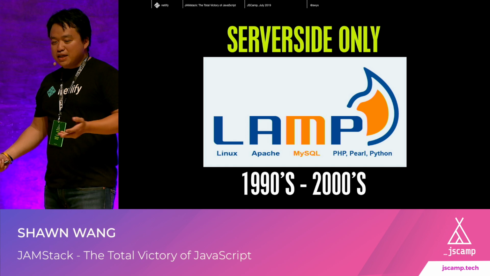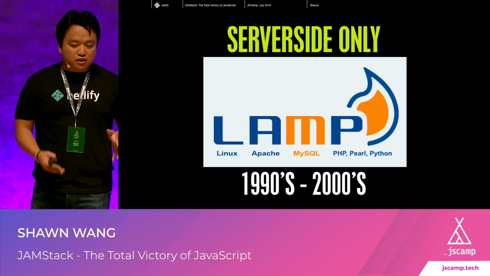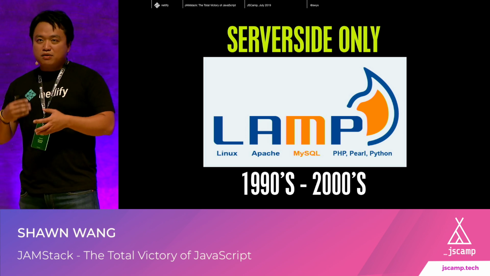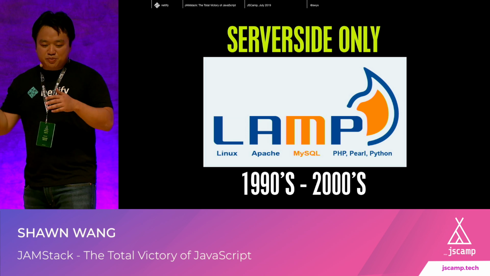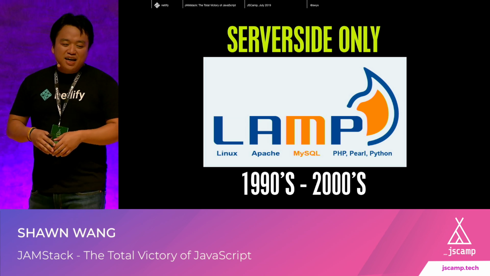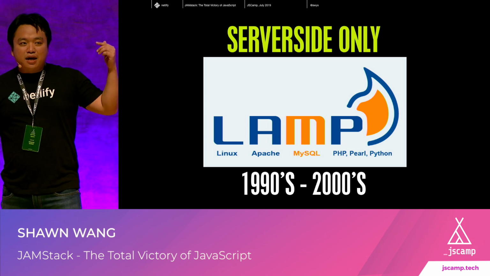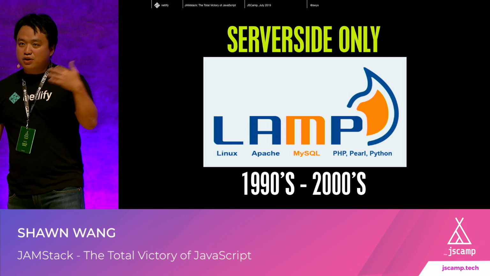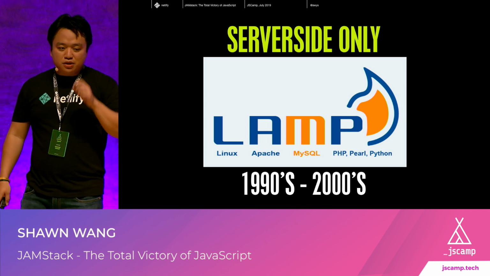The more popular stack that came out of all of this, there are a lot of different server-side technologies. The more popular one was the open source stack of Linux, Apache, MySQL, and PHP/Perl/Python, but PHP. And if you notice, this is all server-side only. And you'll see in my story today that we're going to progress a lot from server-side to client-side. And you think about where web technology is going and why.